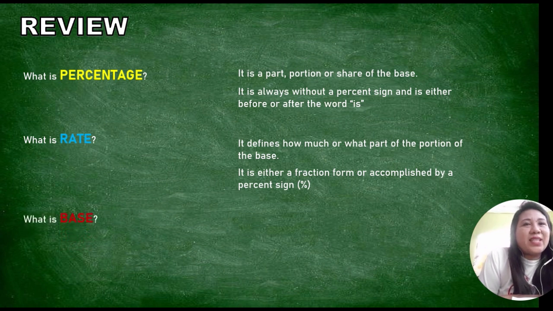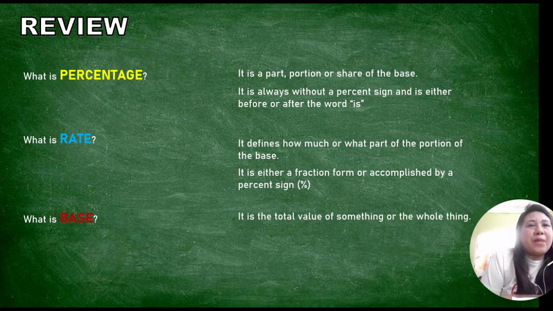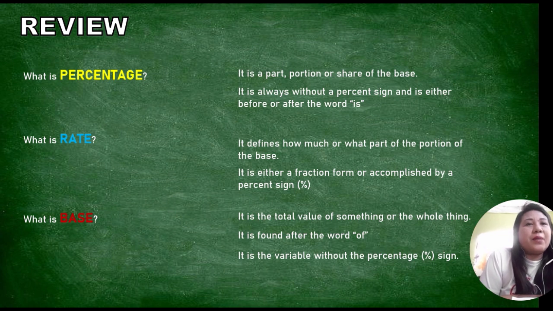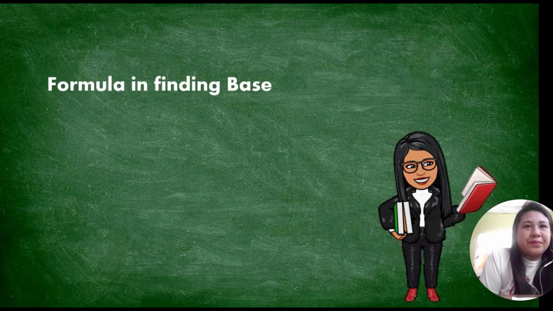Next, what is base? It is the total value of something or the whole thing. It is found after the word of. It is the variable without the percentage sign.